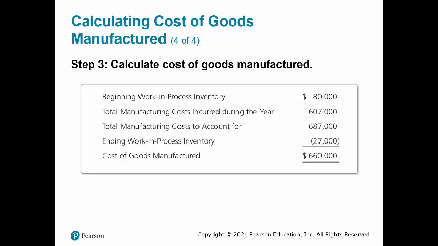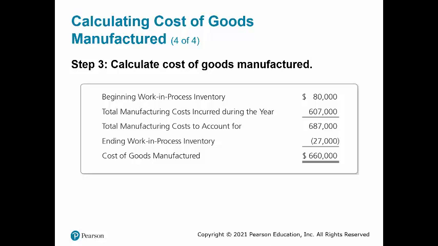This slide shows the calculation of cost of goods manufactured. This calculation begins with beginning work in process inventory. We add to that the total manufacturing cost incurred that we calculated in the previous slide.